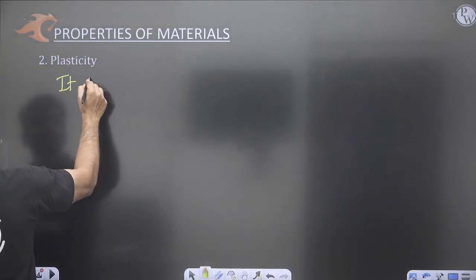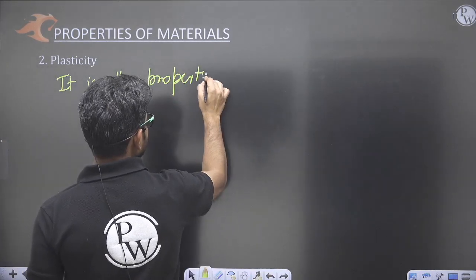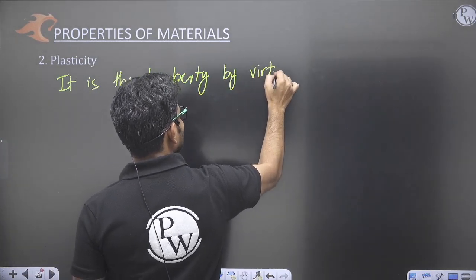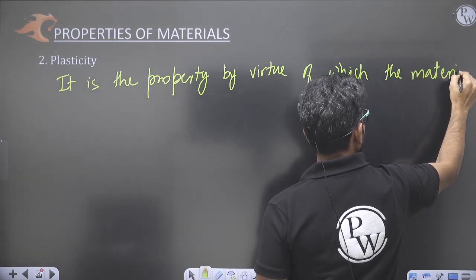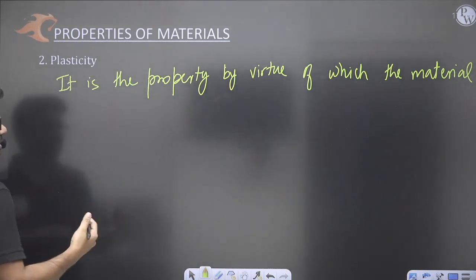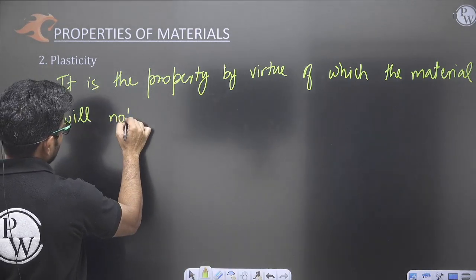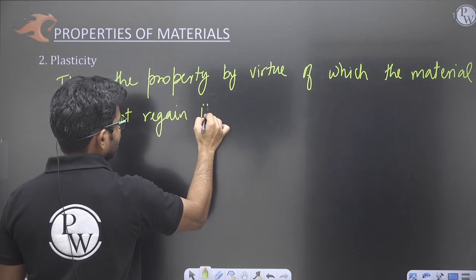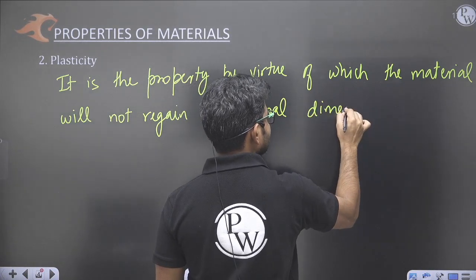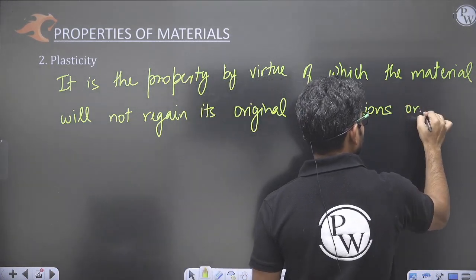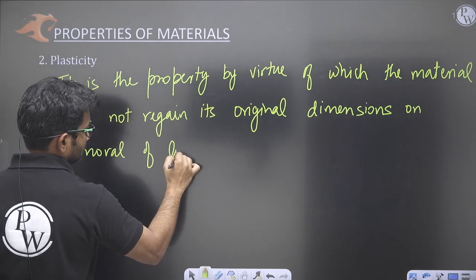It is the property by virtue of which the material will not regain its original shape and size or its original dimensions on removal of load.